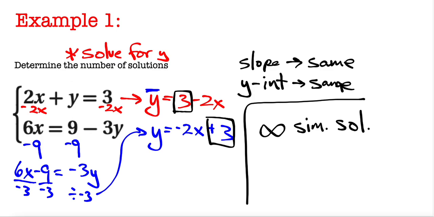Oh, I'm sorry, so I had 6x equals 9 minus 3y. So I added 3y to both sides, and then I get 3y plus 6x. After that, I subtract 6x. And I get 3y equals negative 6x. Oh no, I'm sorry, you're right. So y equals 6x plus 9. It should be negative 6x plus 9.